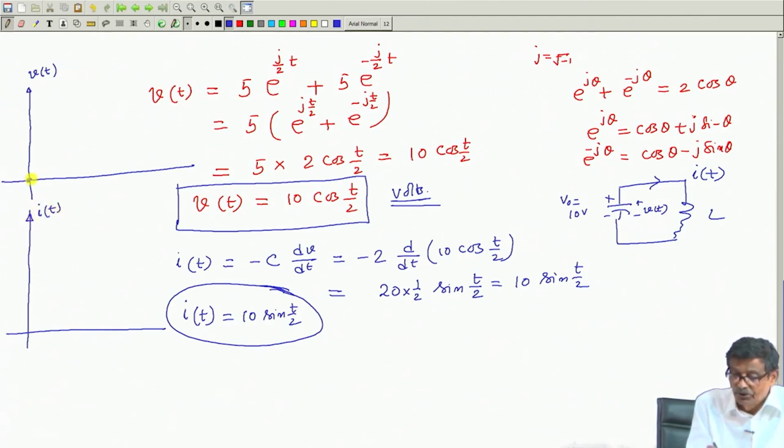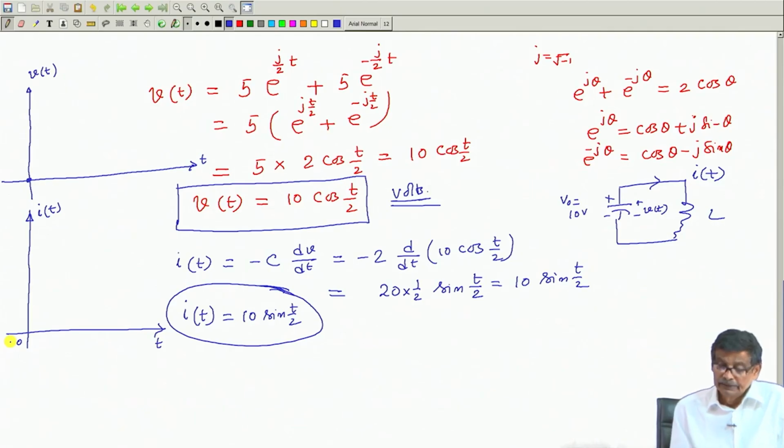At t equal to 0, I did the switching. See, the capacitor voltage was 10 volt earlier, suppose this is 10 volt.